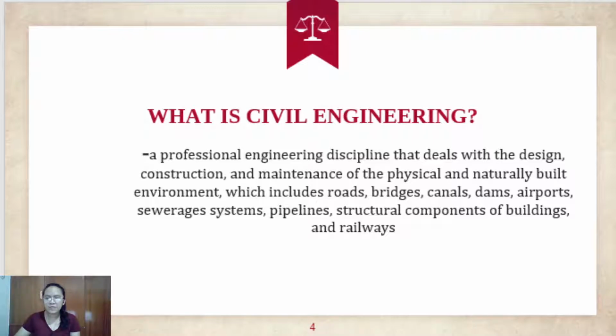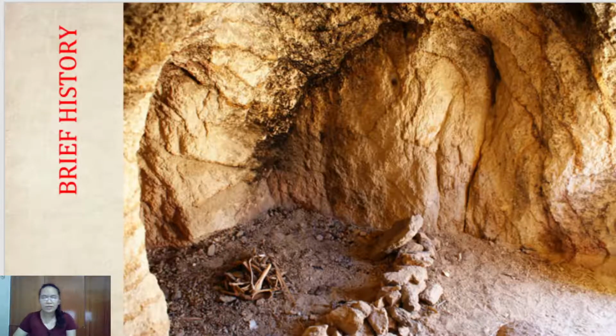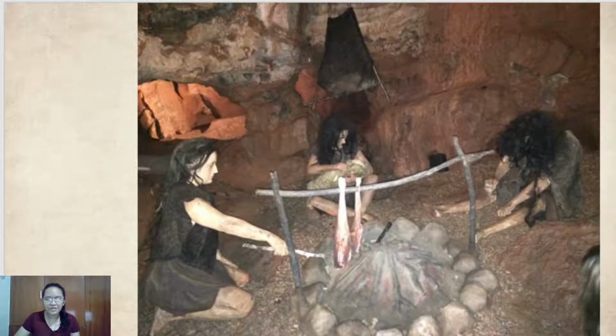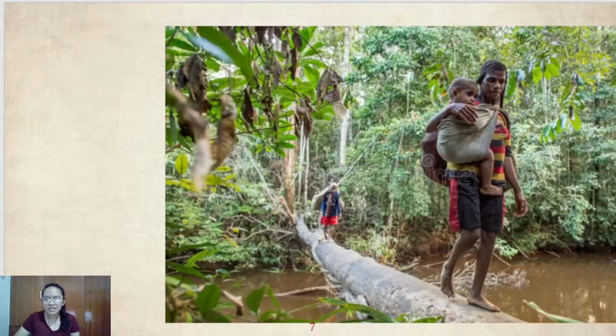Man used to use the old shelter caves to protect themselves from weather and harsh environment and use a tree trunk to cross the river, which is a demonstration of ancient age civil engineering. Civil engineering has been an aspect of life since the beginning of human existence.